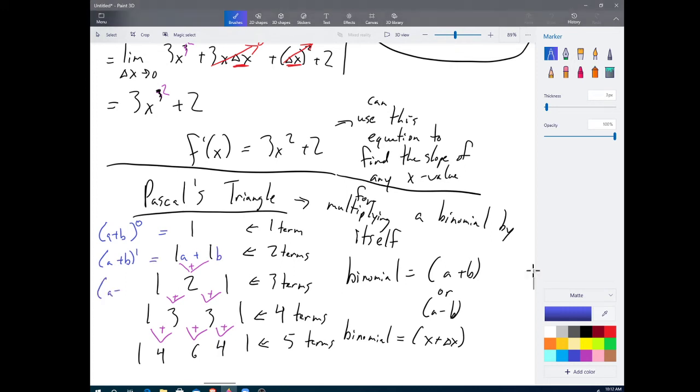Your binomial to the second power would equal the first thing squared plus 2 times a times b plus the second thing squared. And all of those you've seen before, except you don't usually write the coefficient of 1 in front of things.